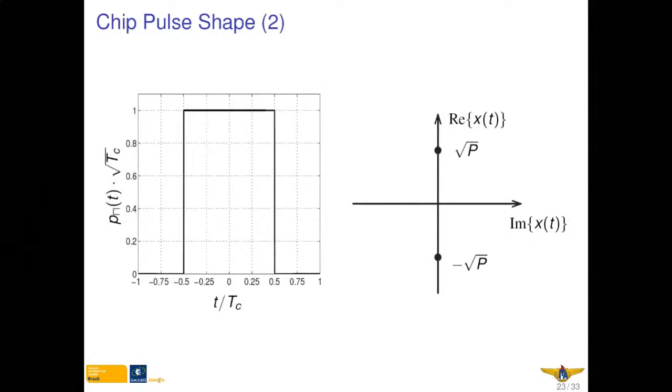Here on the left-hand side, you can see the chip pulse shape, so it's a rectangle. On the right-hand side, you can see the modulation diagram, where we have the real part and the imaginary part of the received signal, and we have only two states, so it's a binary phase shift keying signal.